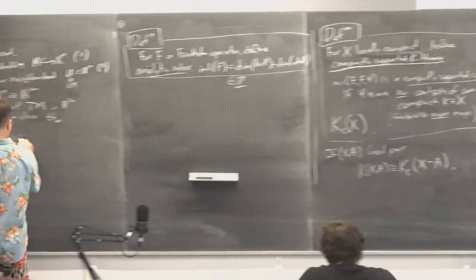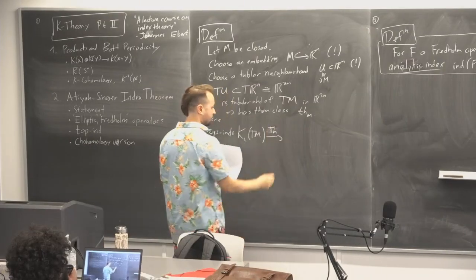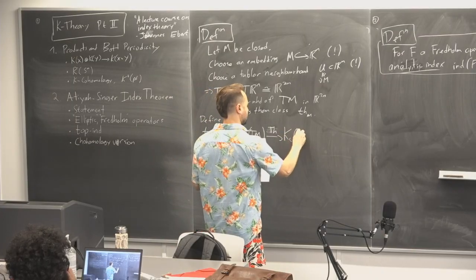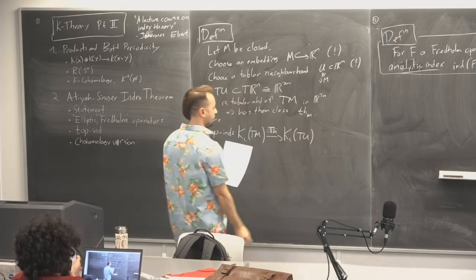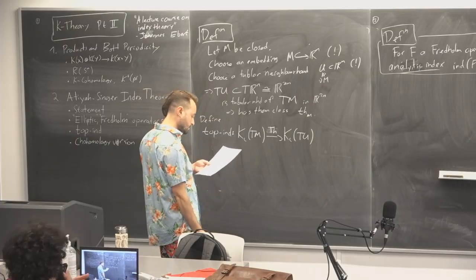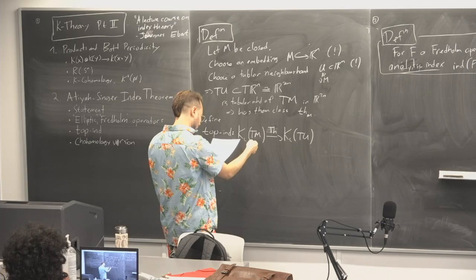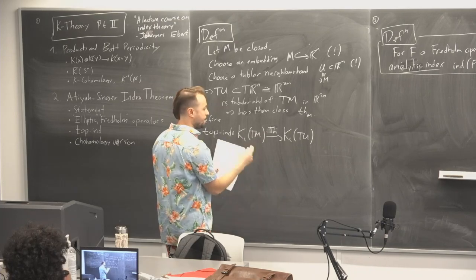So this is big TH, the Thom isomorphism, going to the compactly supported K-theory of the tangent bundle of U, which is isomorphic to the normal bundle of this guy.